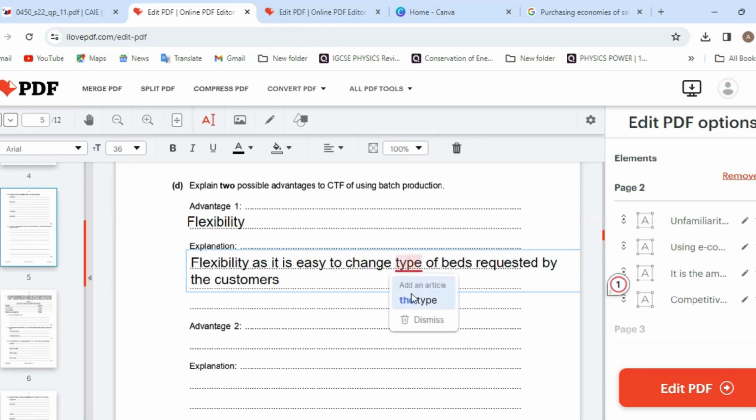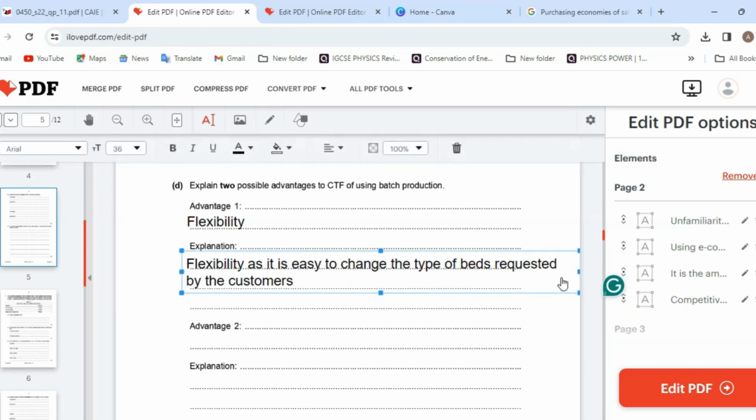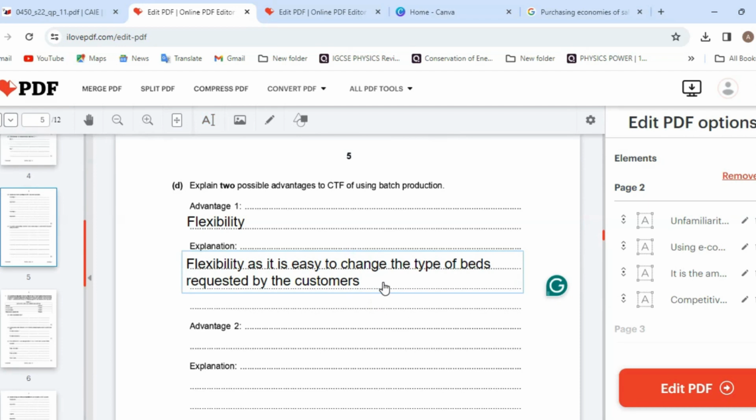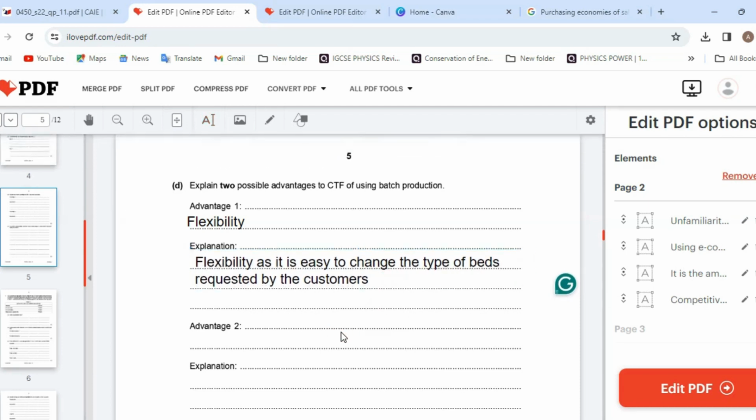Of course, when a product is produced in a specified group amount or in a large amount, it will be easy to change any one required by a customer. Okay, another one is what?